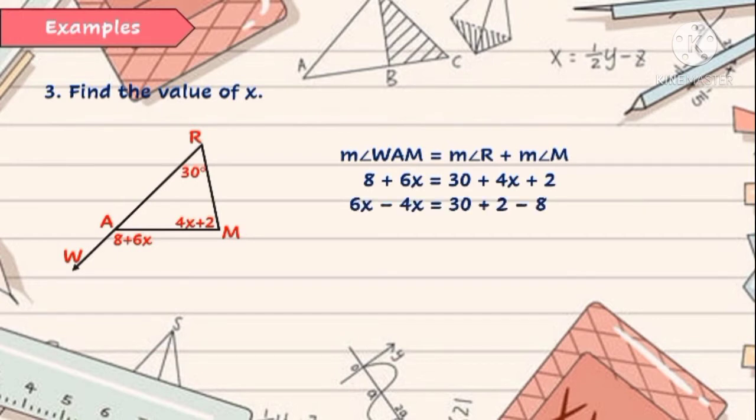Adding like terms, it will become 6x minus 4x equals 30 plus 2 minus 8. Simplify, it will become 2x equals 24. By division property of equality, the value of x is 12.